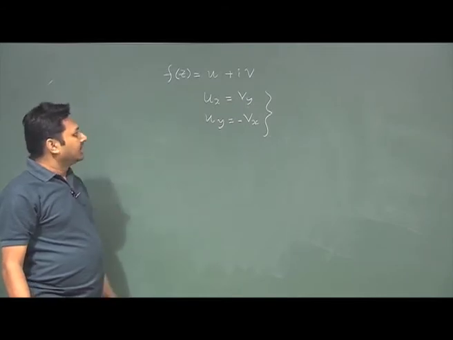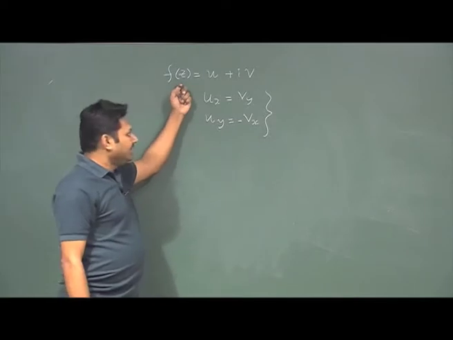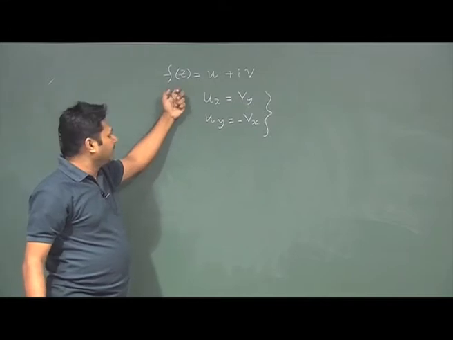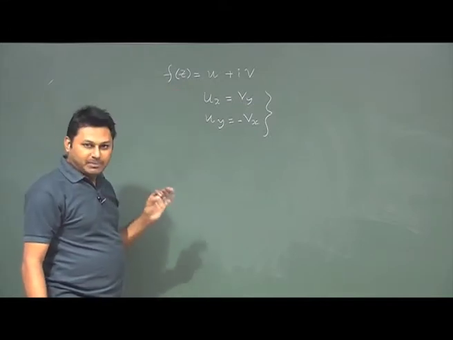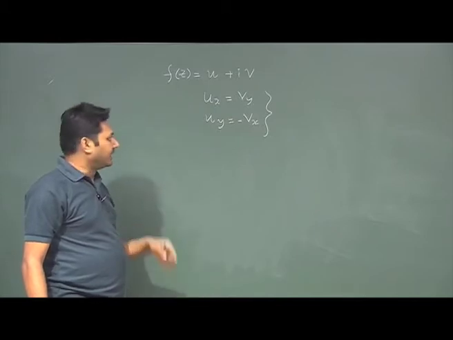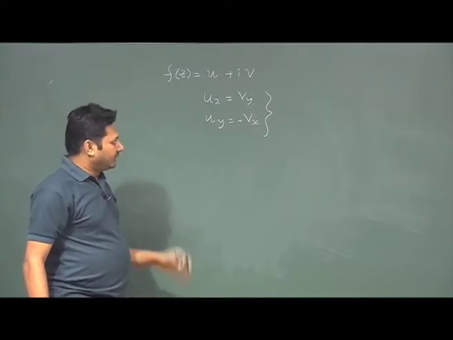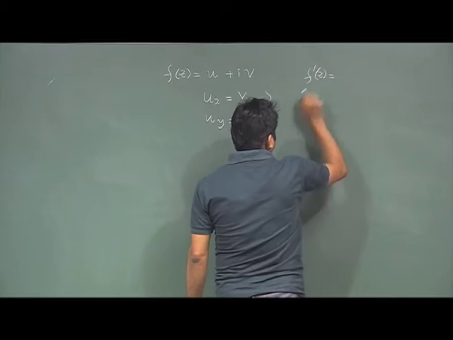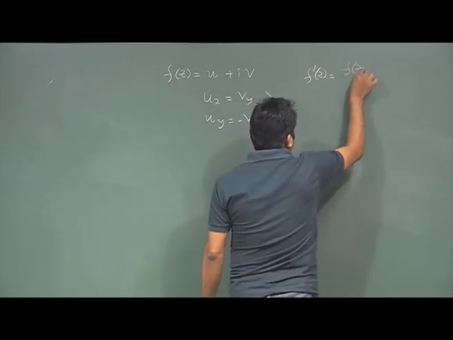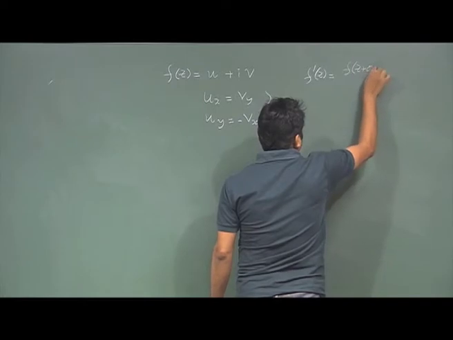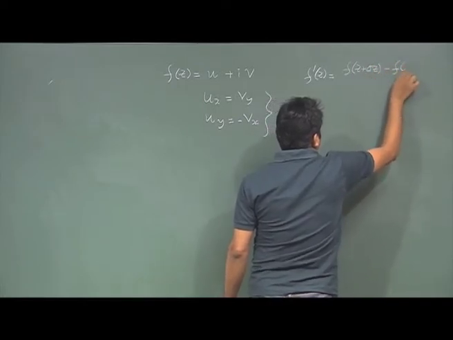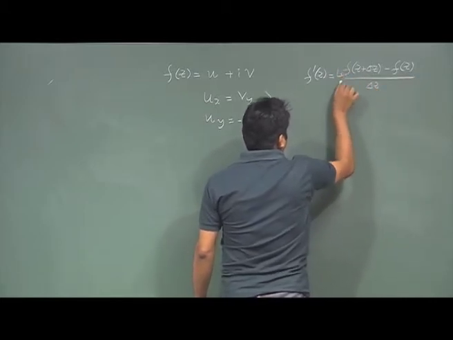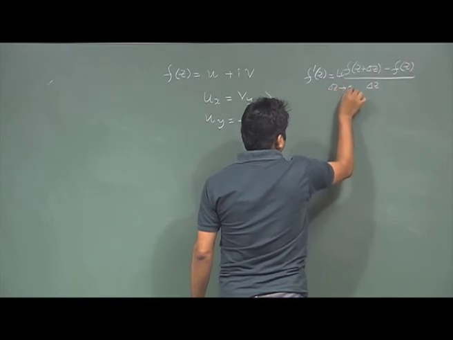For analyticity the derivative is important, because analyticity of the function means that it should have a derivative at a particular point, and not only that, in the neighborhood of that point. So, if you remember, f prime of z is defined as the limit, as delta z tends to 0, of f(z plus delta z) minus f(z), divided by delta z.